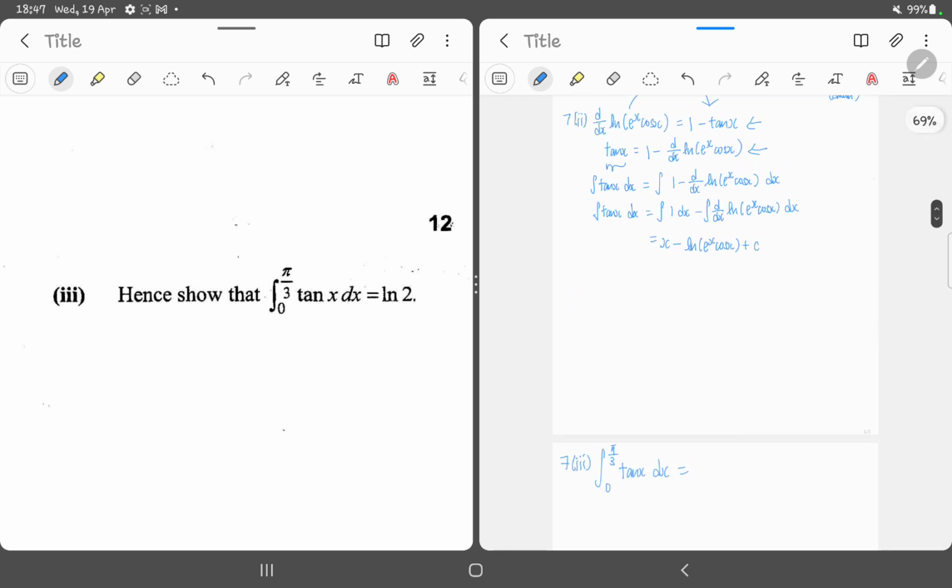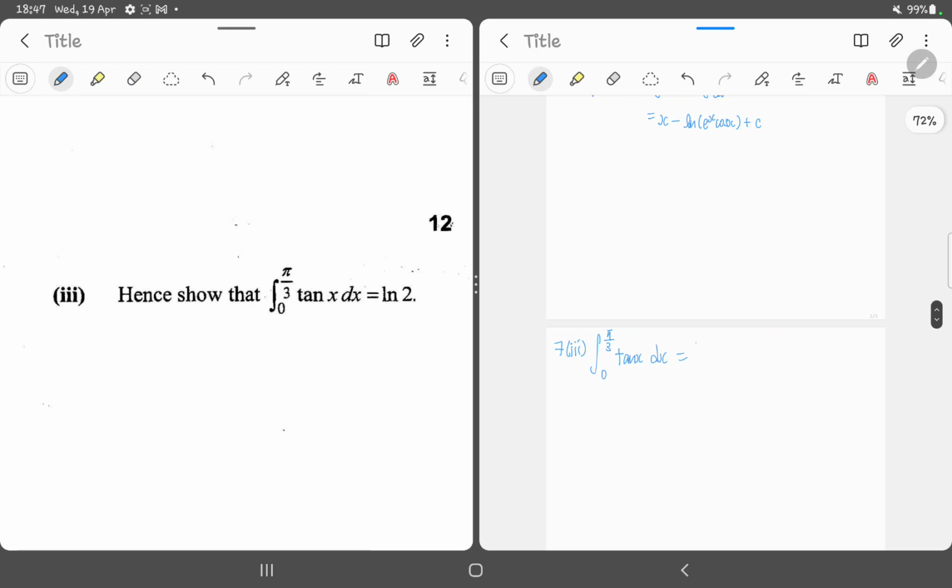Using the result earlier, for the definite integral, we can ignore the constant c. So x minus ln of e to the power of x cosine x, with pi over 3 over here and 0 over here. Evaluating it, substitute pi over 3 inside first into all the x.